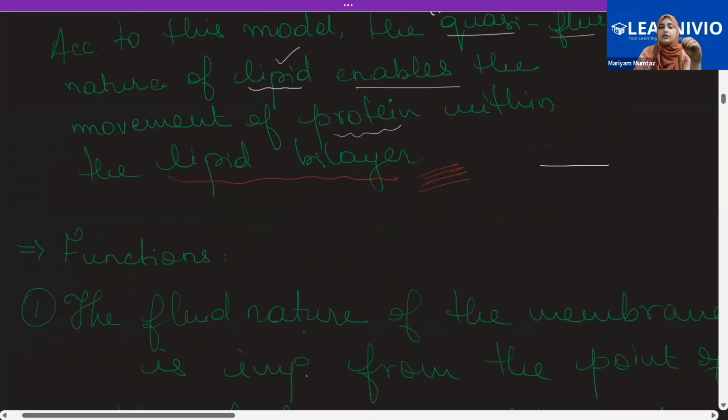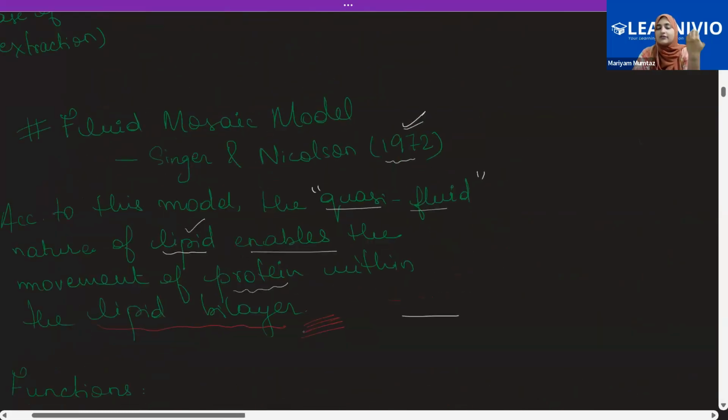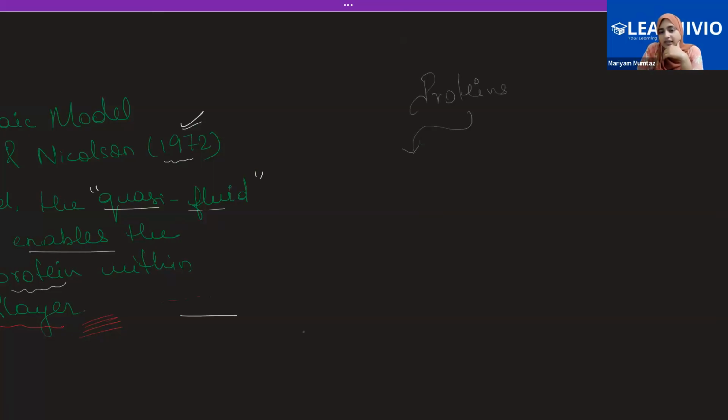Talking about the proteins, further, the proteins are of two types, extrinsic and intrinsic. Those proteins that can easily be extracted, we call extrinsic.